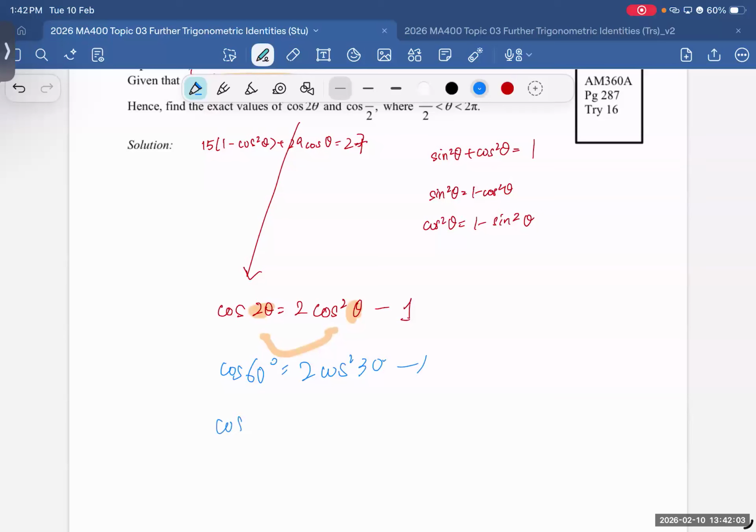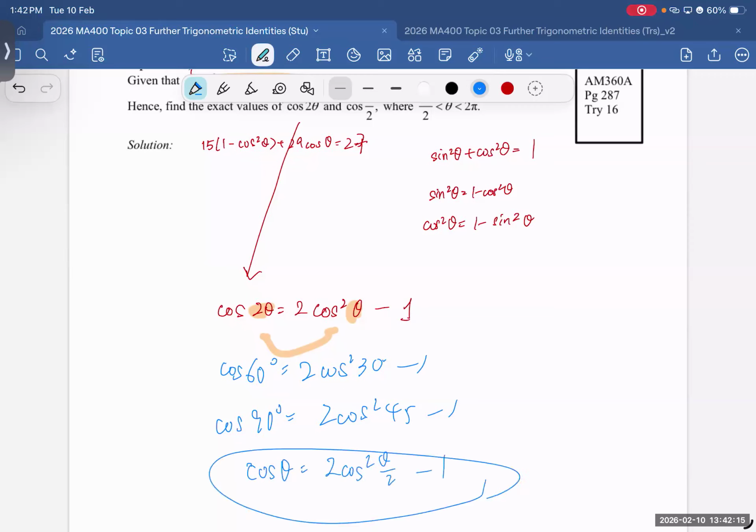If this is cosine 90, what should this be? 45. If this is cosine theta, use this formula for that. It is just a relationship. Double angle can also be called half angle.